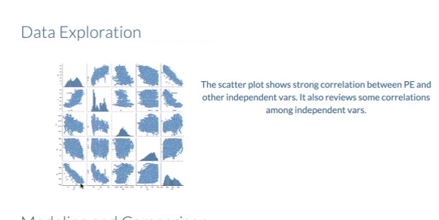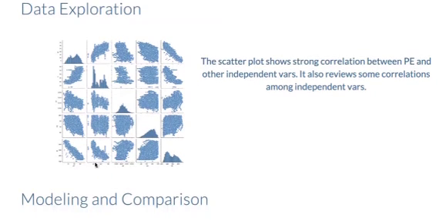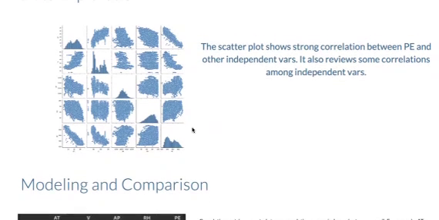Apparently, we're seeing some linear relationship between PE, our dependent variable, and the variable AT, and some strong correlation with the variable V as well. AP and RH, some kind of relationship, but not as strong as the other two.